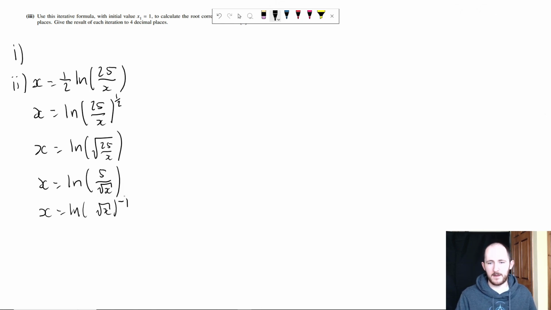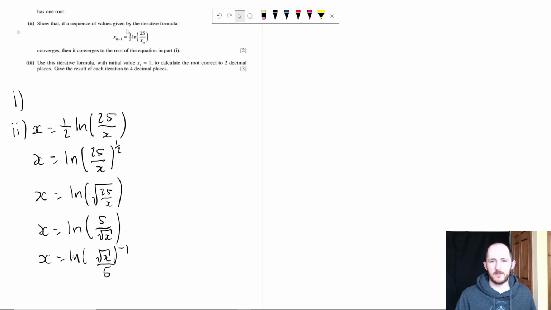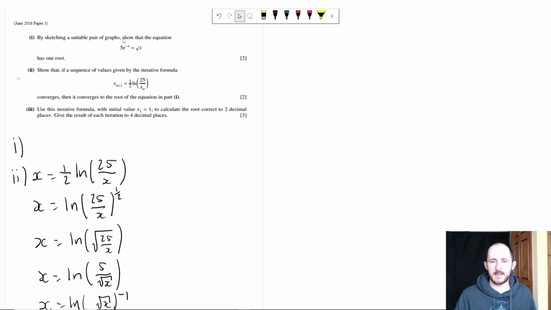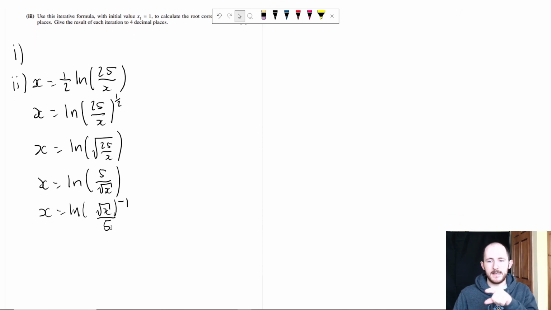All I'm doing is flipping the fraction. The reason is that if I look back at the answer, the 5 is actually on top, so I need to times both sides by 5 at some point. The only way for me to do that is if the 5 is on the bottom. That was my logic there, which is why I quickly changed it. Using the power rule again, I'm just going to make that negative ln root x over 5.